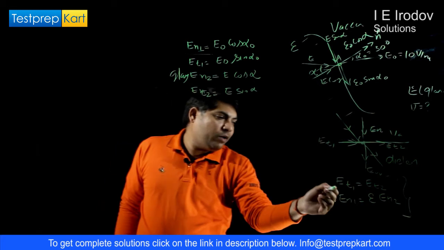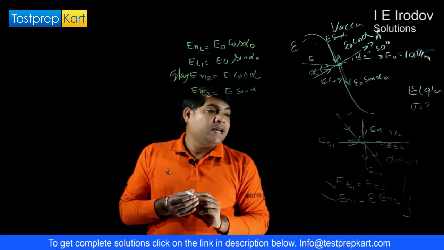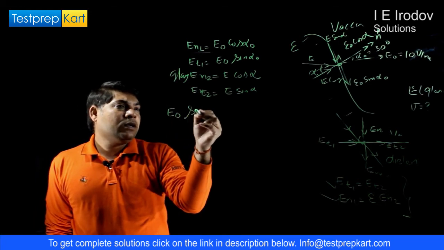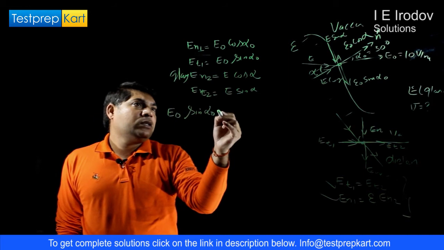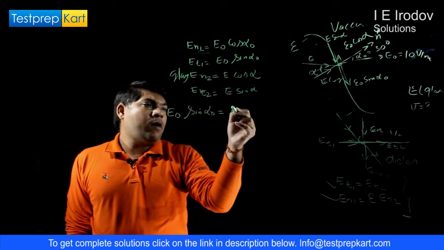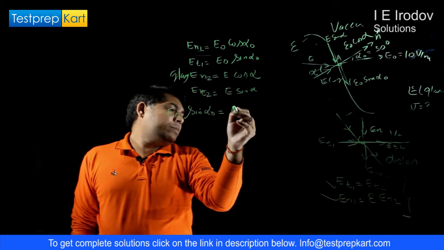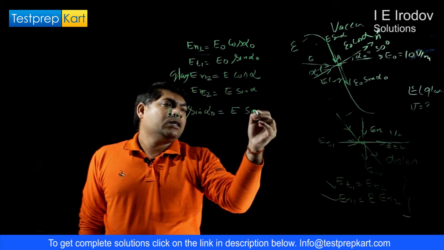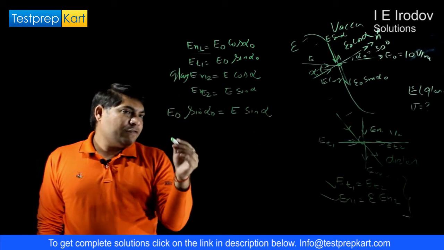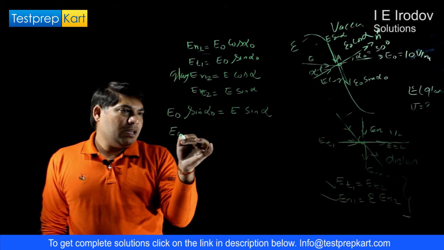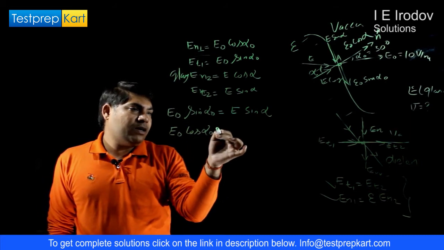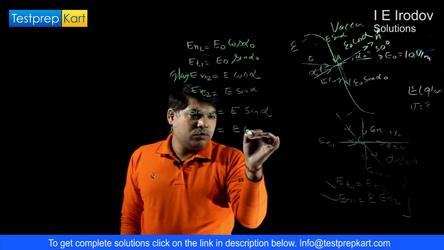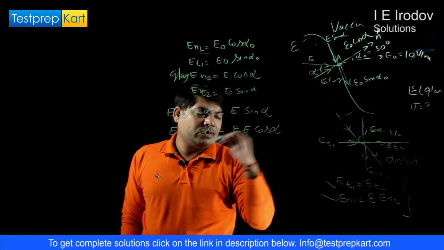Applying the boundary condition between dielectric and vacuum, for the tangential component, E naught sin alpha naught is equal to E sin alpha. And for the normal component, E naught cos alpha naught is equal to epsilon into E cos alpha.